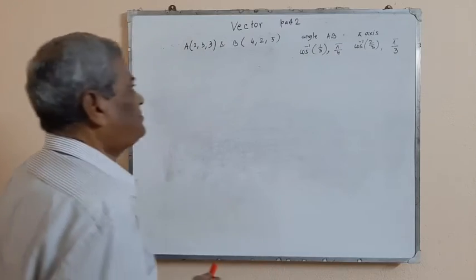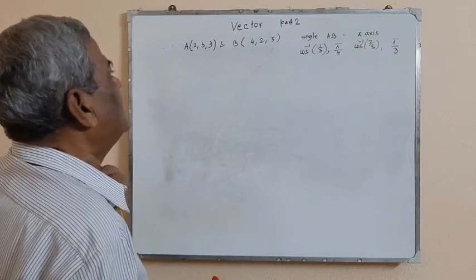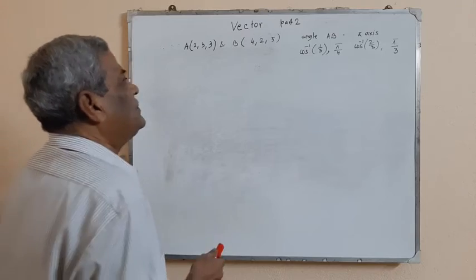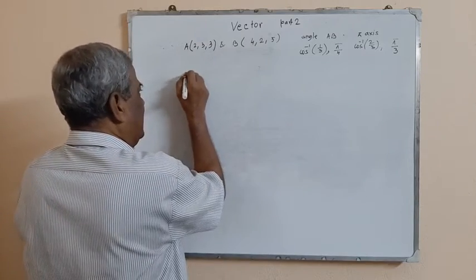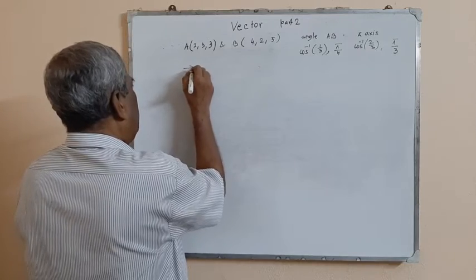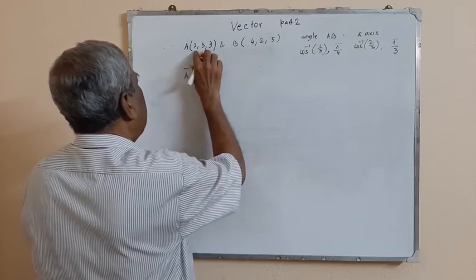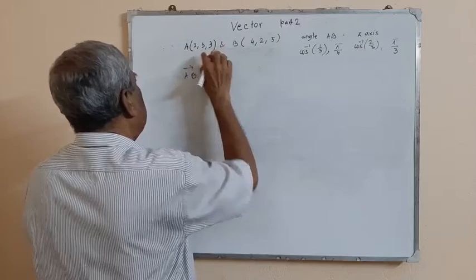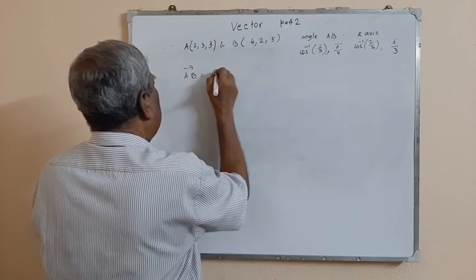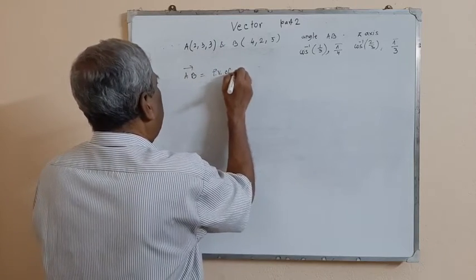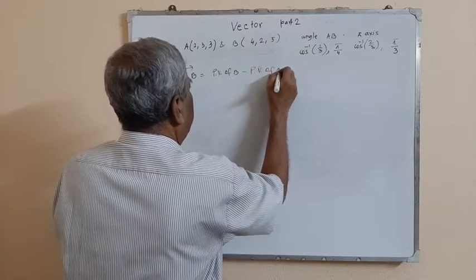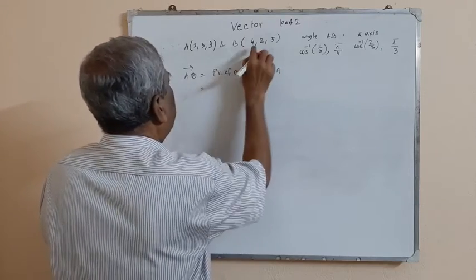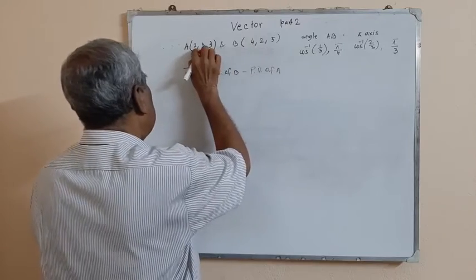So position vector of AB vector is position vector of B minus position vector of A. Position vector of B minus position vector of A is equal to 4i minus 2i.